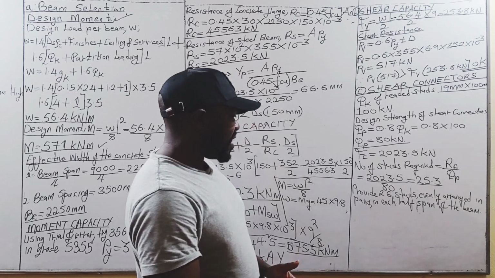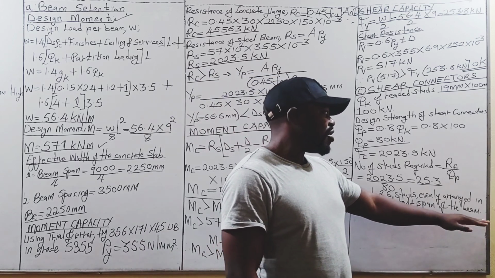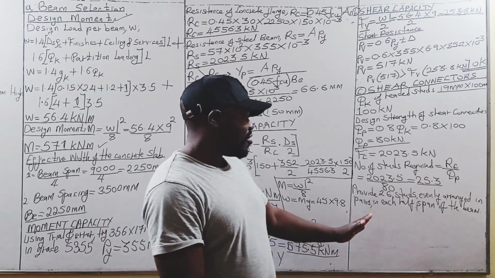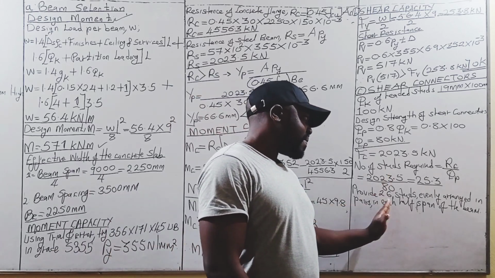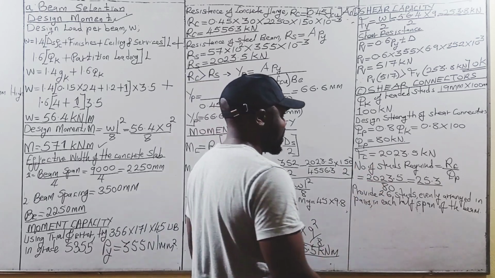Provide 26 studs evenly arranged in pairs in each half span of the beam, meaning that in each half span of the beam, we are going to have 26 studs which are evenly arranged.